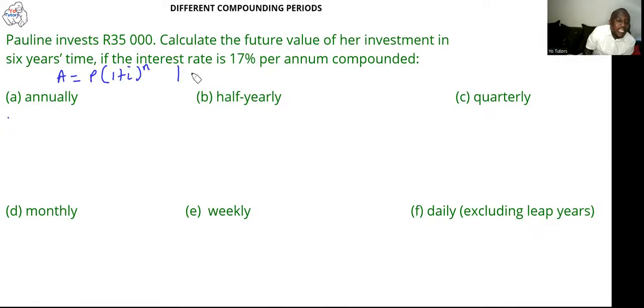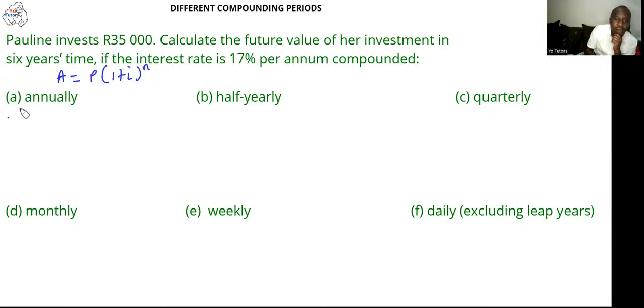In this case, let's put the time. Time is n, and it's going to be 6. Let's not fill in the rest yet, because it's going to change. Let's see how it changes.